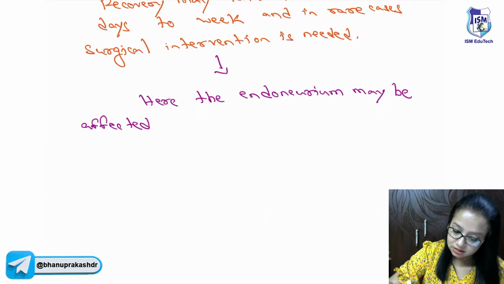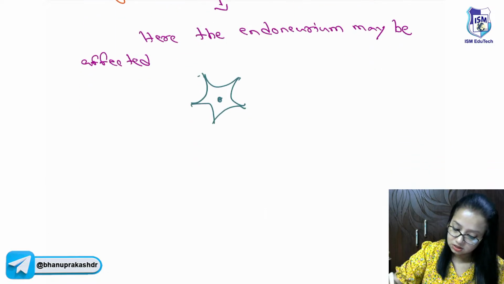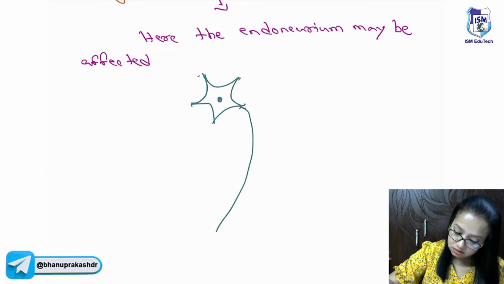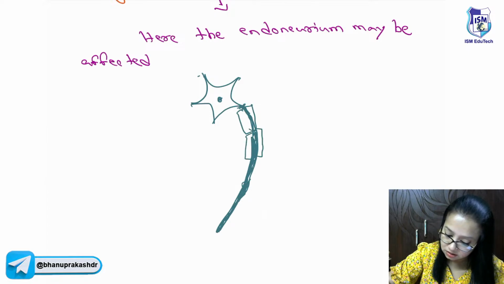Meaning what? In this type of injury, I can draw it. Okay. So here you see, if this is the nerve fiber and this is the axon, and this is the myelin sheath obviously.